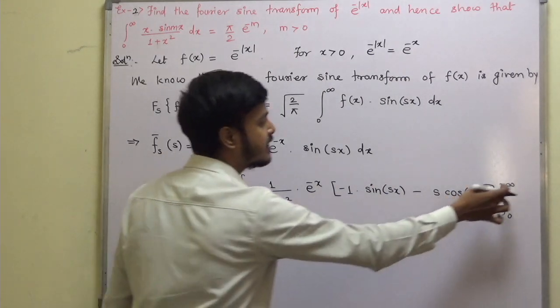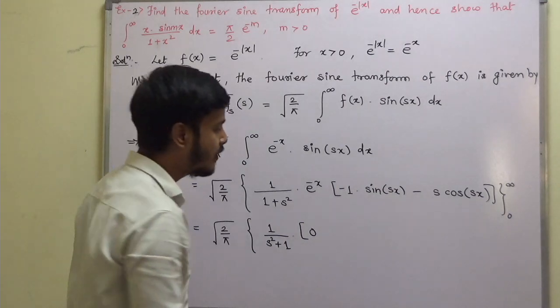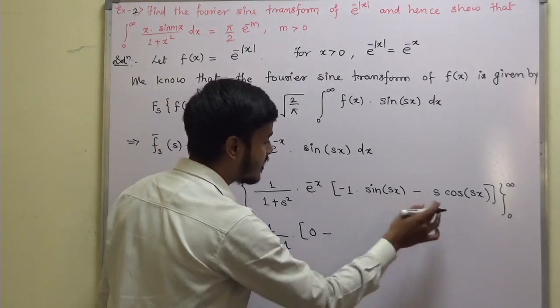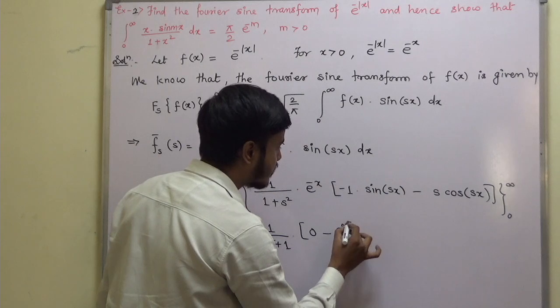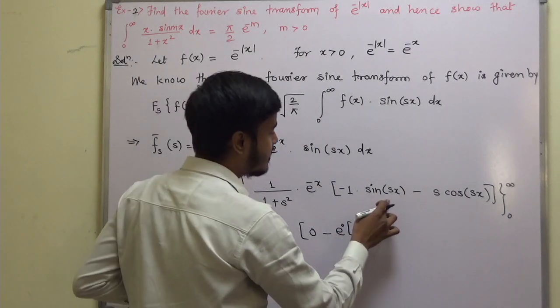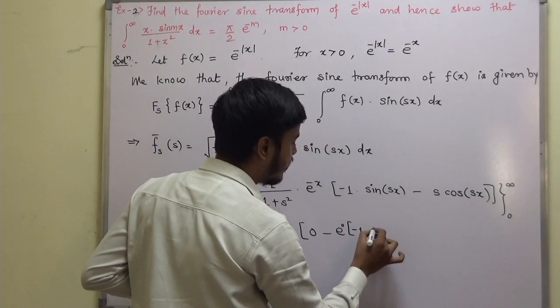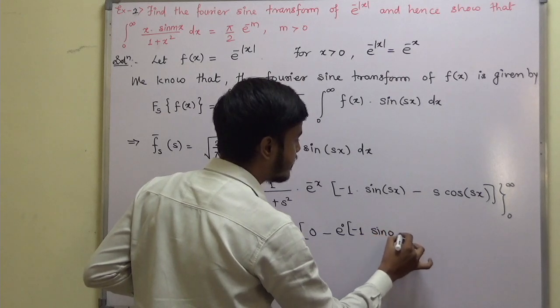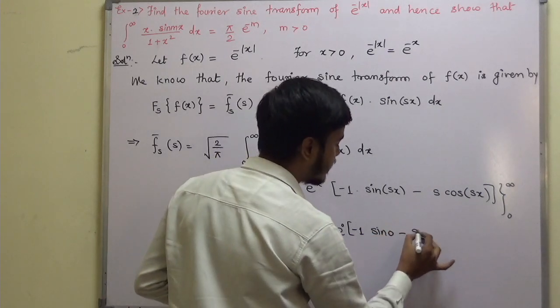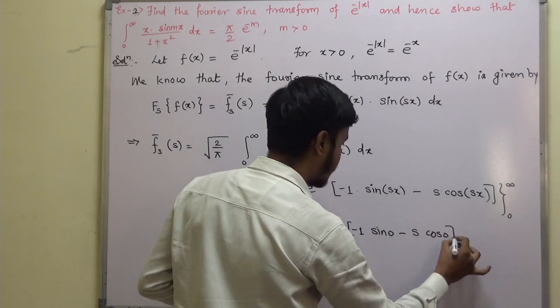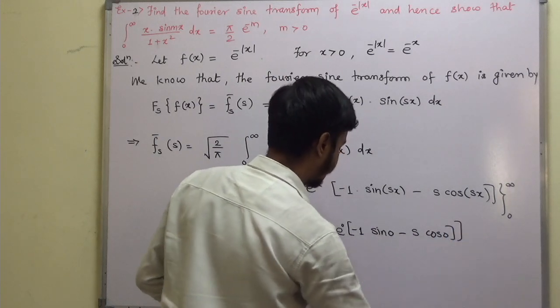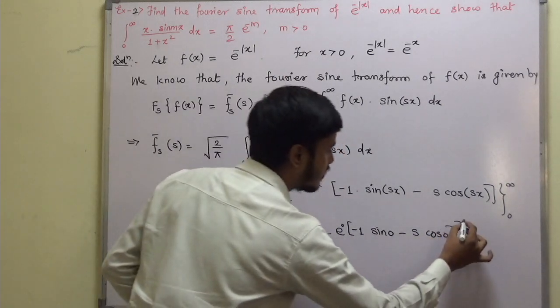So the upper limit infinity will contribute 0, whereas the lower limit 0 will give you e to the power 0 into sine 0 is 0 minus 1 into sine 0 minus s into cos 0. Simple. Now you can just solve this.